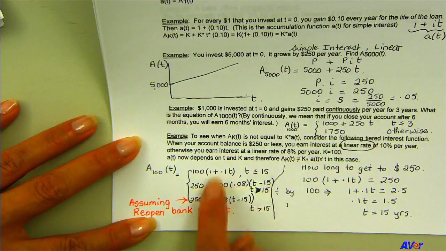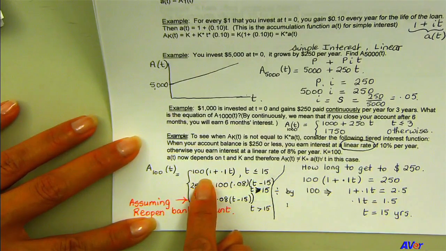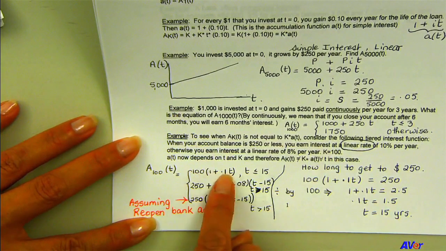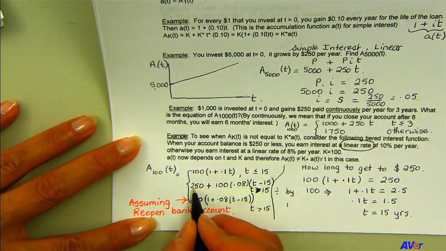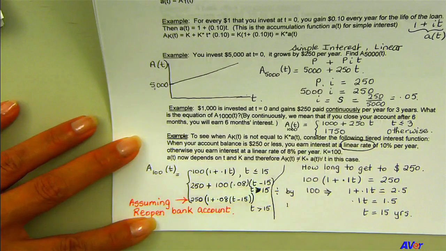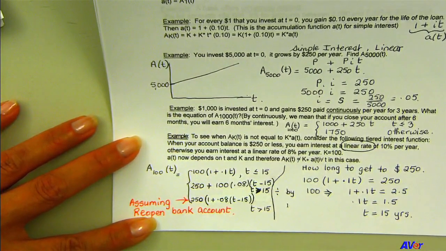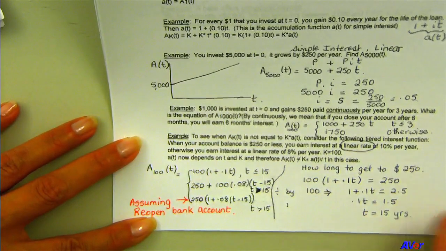So this 1 plus was there because we're saying the amount in the account is 100, the original principal, plus the interest. But my original principal is not 100. My original principal is 250. So I've taken care of that 1 plus part already, right? Because I dare not say that it's $100 because it's not. It's 250. Follow me? That's why the 1 plus part is missing.